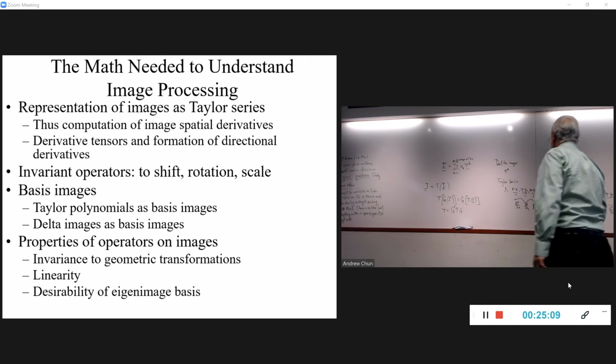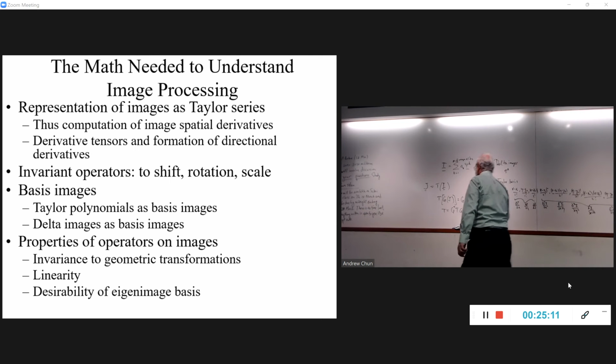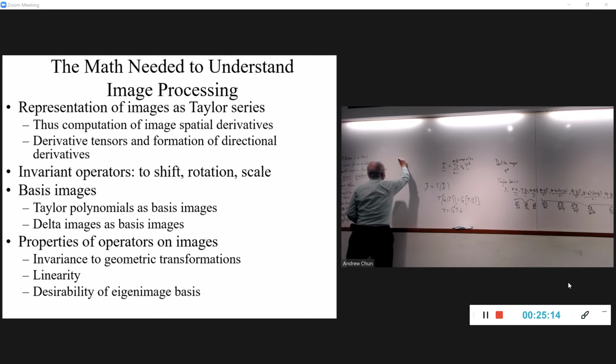Linearity means that P of I1 plus I2 is P of I1 plus P of I2 for any pair of images I1 and I2, and P of alpha I1 equals alpha P of I1 for all input images.